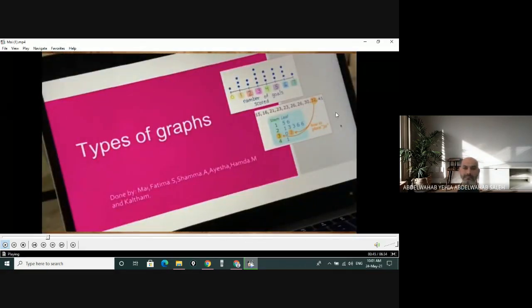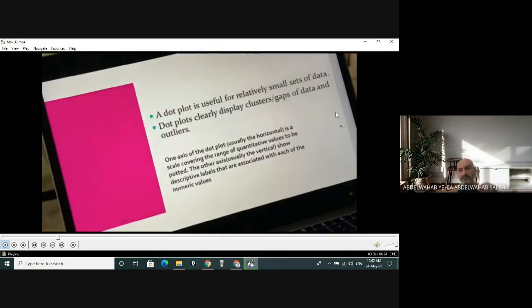Hi everyone, my name is May and I'm here with my friend Kalina. We are here to present our statistics project which talks about the types of graphs. A dot plot. A dot plot is useful for a relatively small set of data. Dot plots clearly display clusters, gaps of data and outliers.